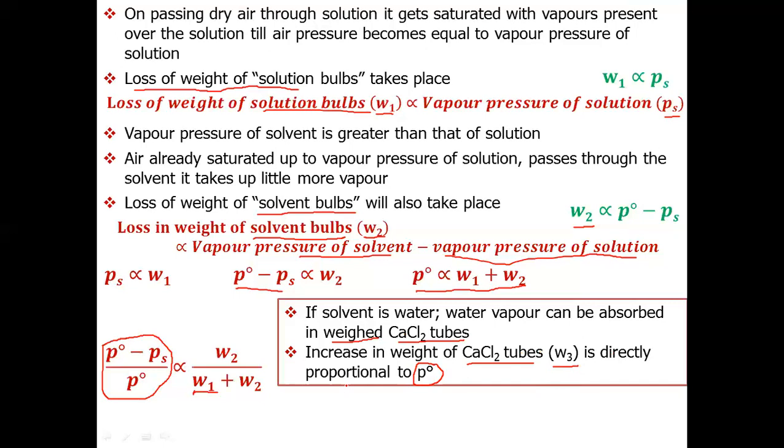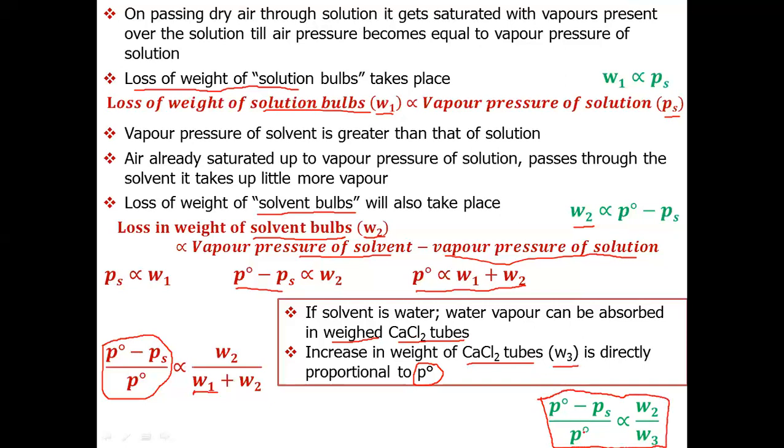So instead of W1 by W2, if the solvent is water, we can use U-shaped tubes which contain anhydrous calcium chloride, and W3 is the increase in weight of these tubes. So we can use this relation also to calculate the relative lowering of vapor pressure.